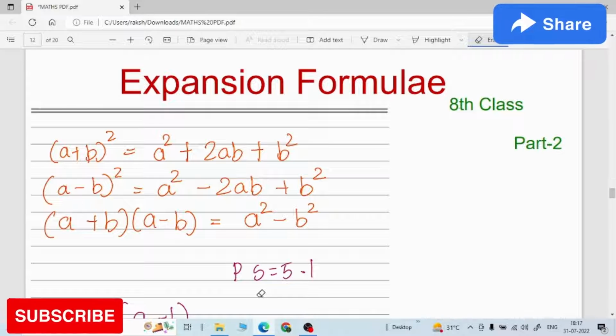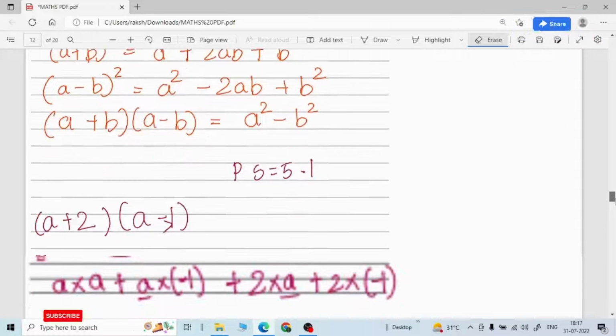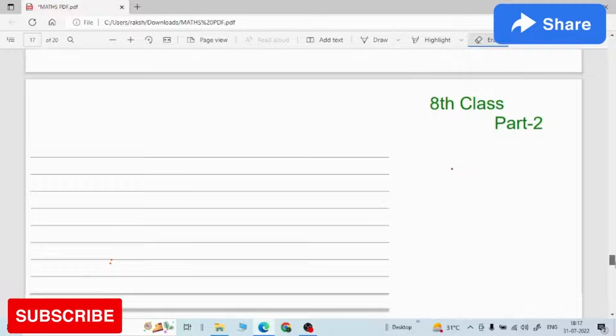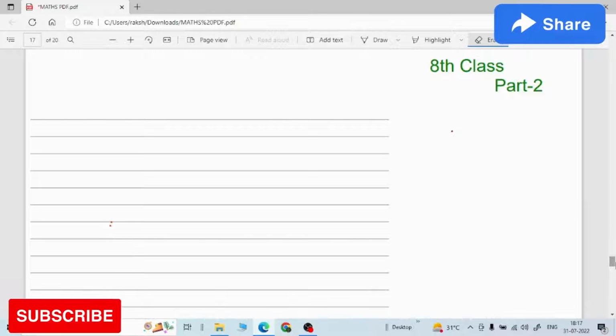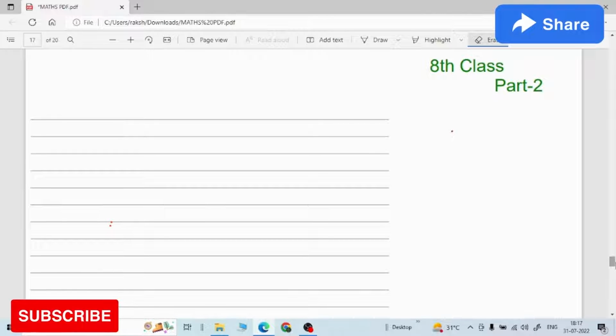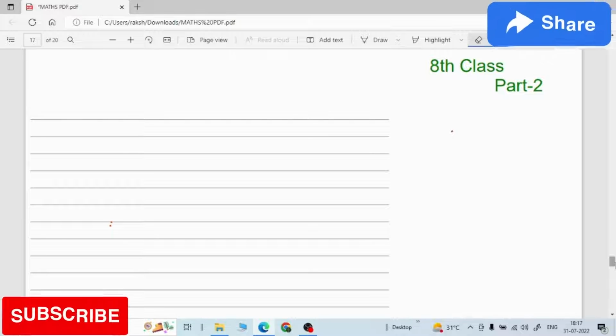Now let's discuss the formula. Together we'll solve again, don't worry. Now let's solve the remaining sums of practice set 5.1. That is 6.1: 9x minus 5t and 9x plus 3t.